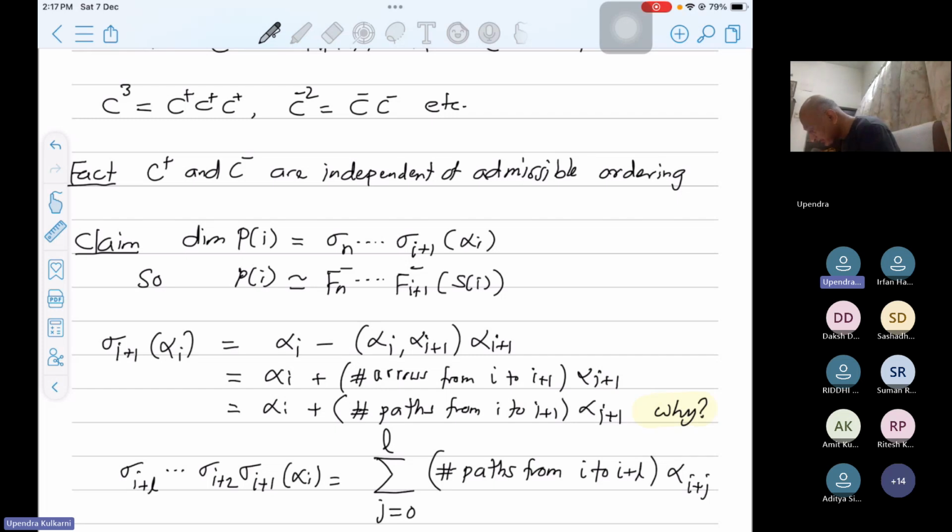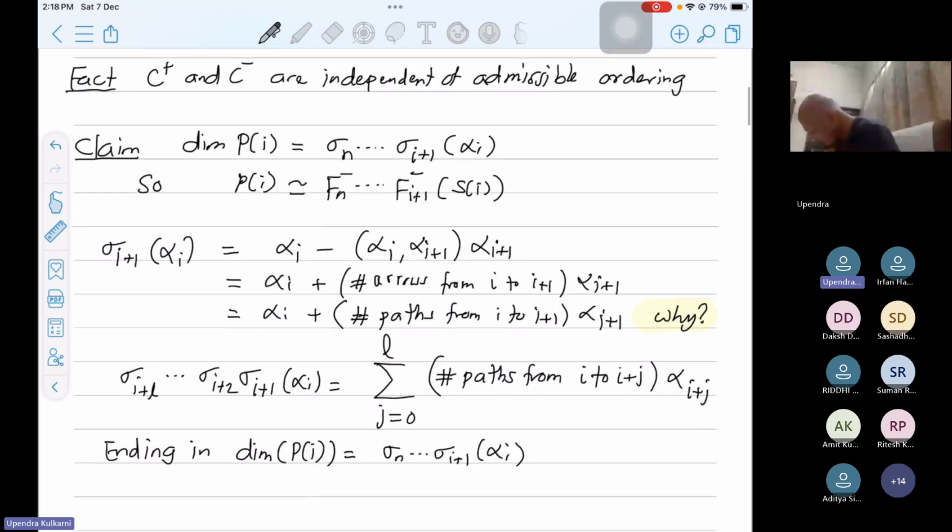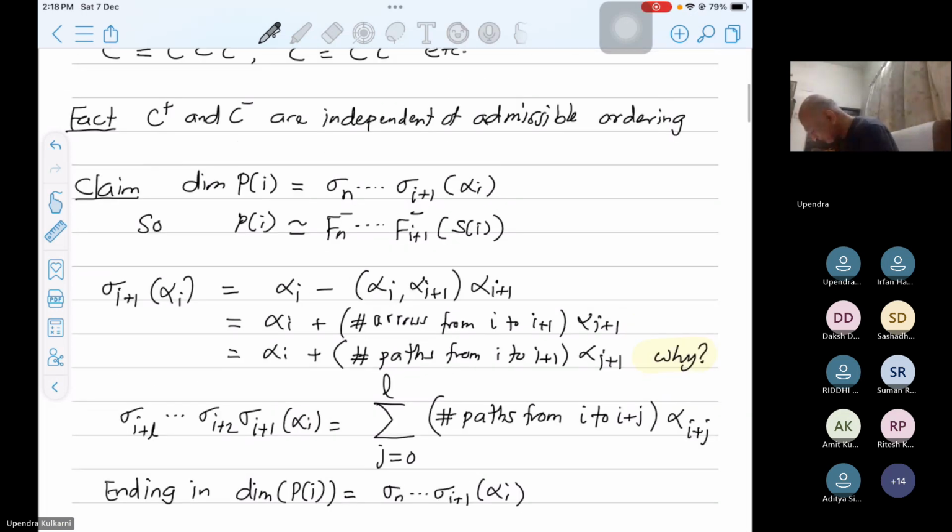For every vertex from i up to i plus L, the coefficient of the corresponding vector is the number of paths from i to i plus j. So how does this work? See, this is just straight induction.